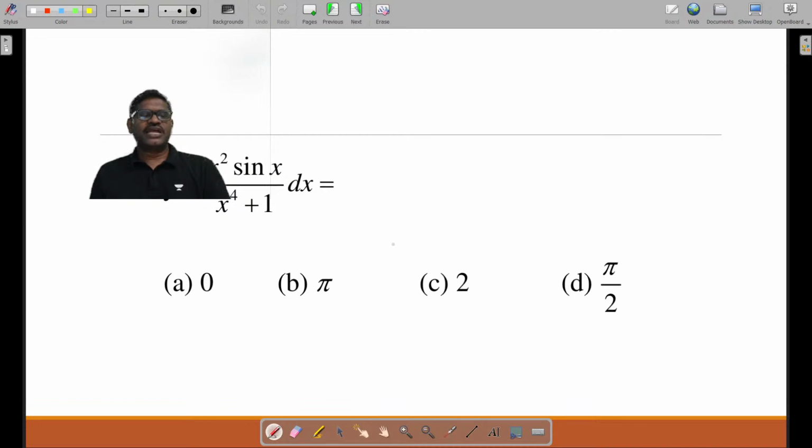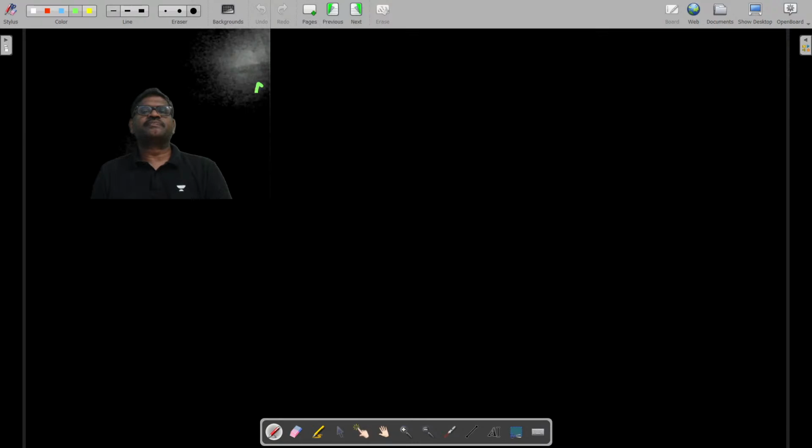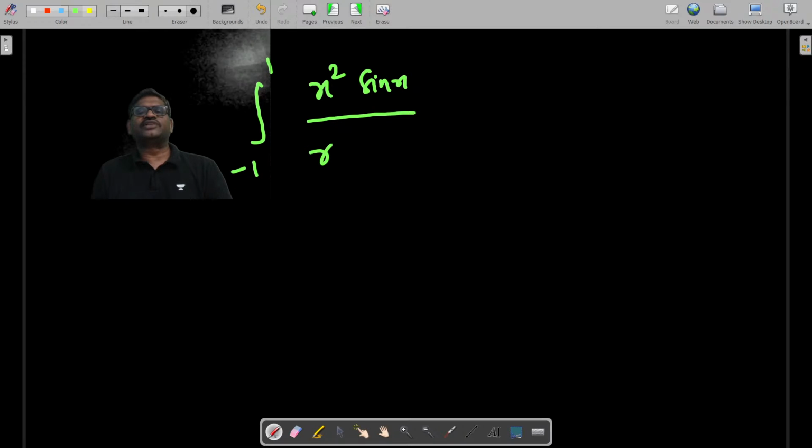Continuation. Integral from minus 1 to 1 of x square sin x by x power 4 plus 1 dx.